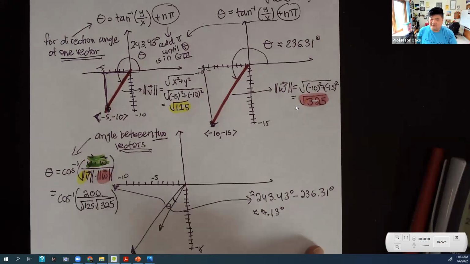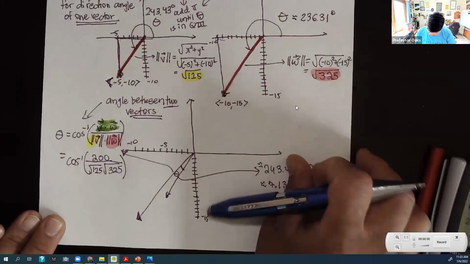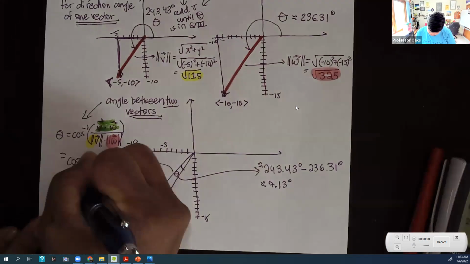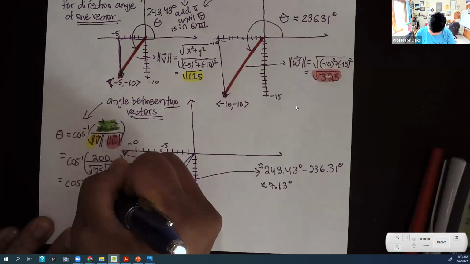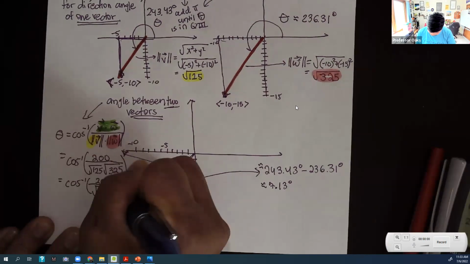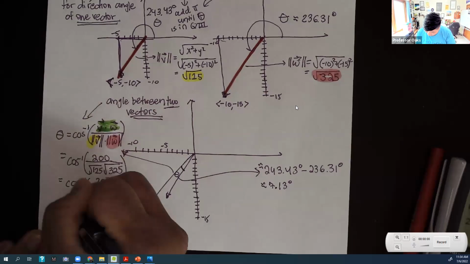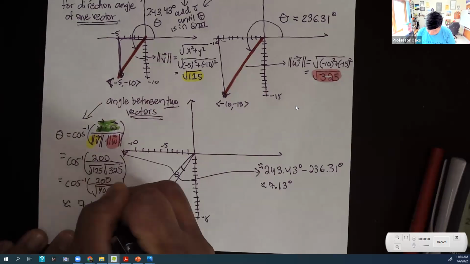It's extreme either way, but if you want to, you could multiply under the square root and get 40,625 first, but I don't know if I would do that. If you do that, you still get 7.13 degrees.